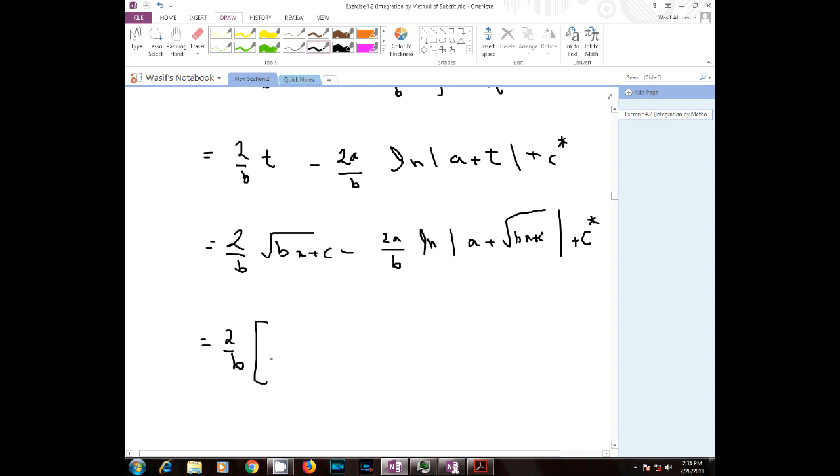Take 2 divided by b as common, you would get square root bx plus c minus a natural log of a plus square root bx plus c plus the constant of integration c static. So this is the answer given in your text.